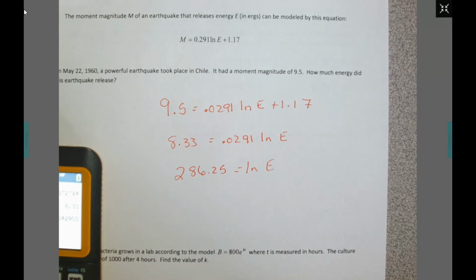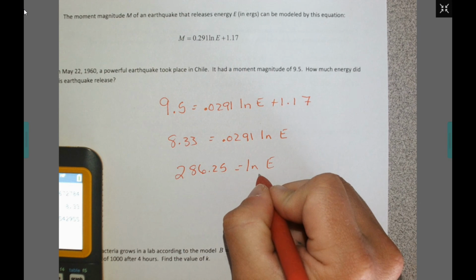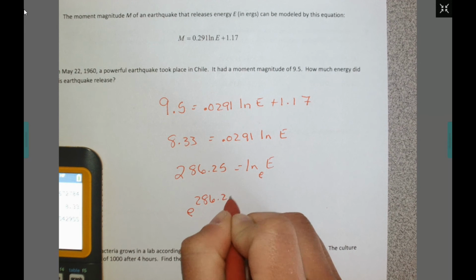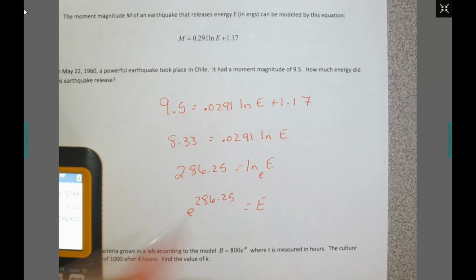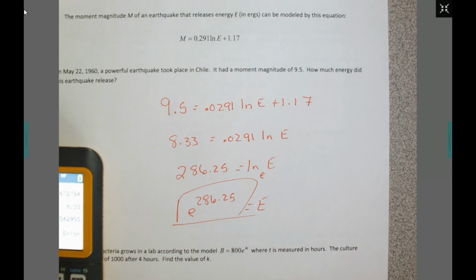And then for this one, since the log is by itself, we switch forms. When you have ln, the base is e, so this turns into e to the 286.25. It's going to equal our energy. So E to the 286.25. And it's going to give us an overflow error, so I'm just going to leave it like that.